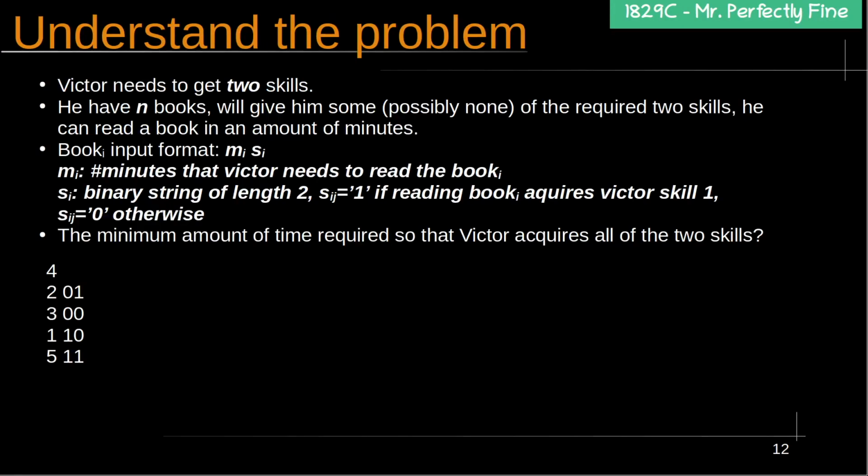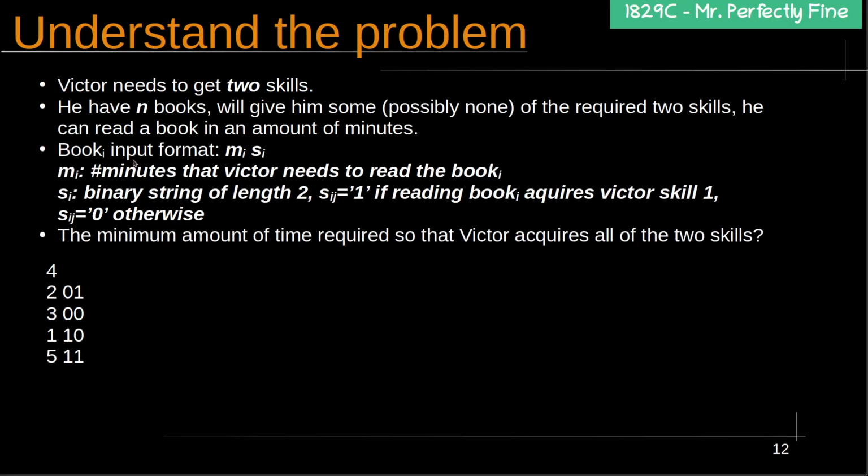If we try to understand this problem, Victor needs to get 2 skills. He has N books, which will give him some, possibly none, of the required 2 skills. He can read a book in an amount of minutes.